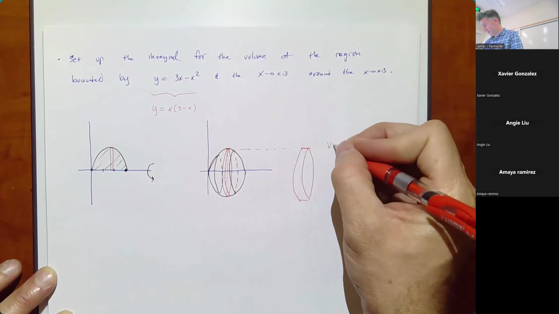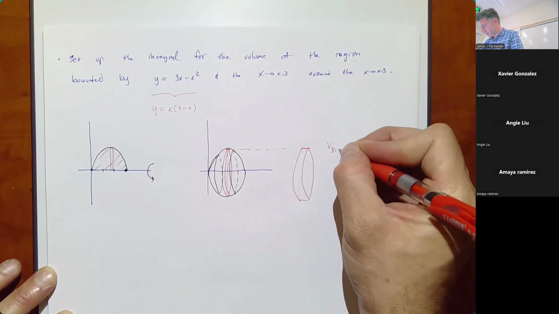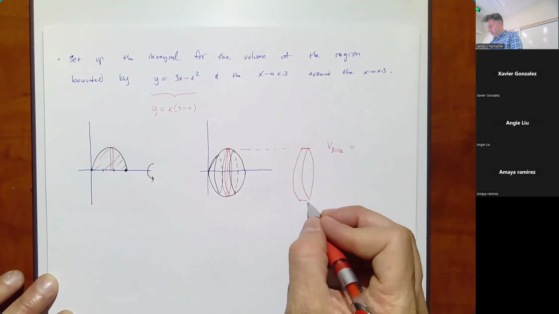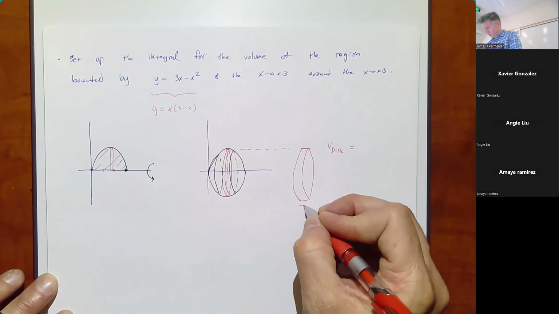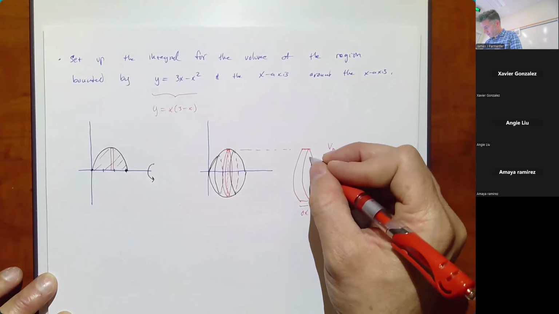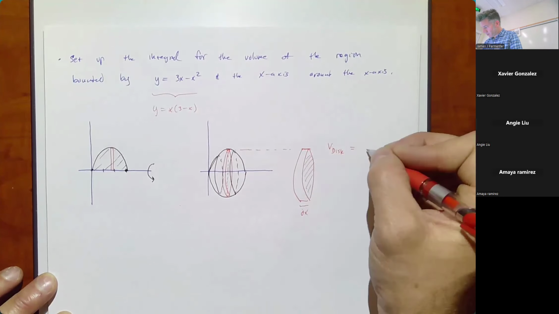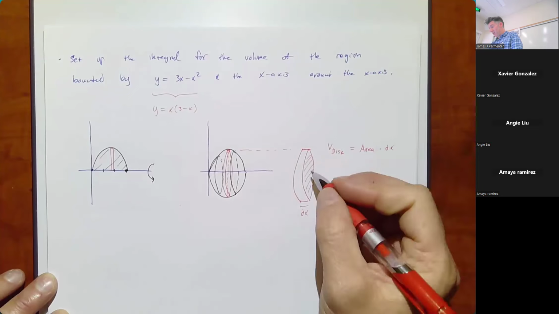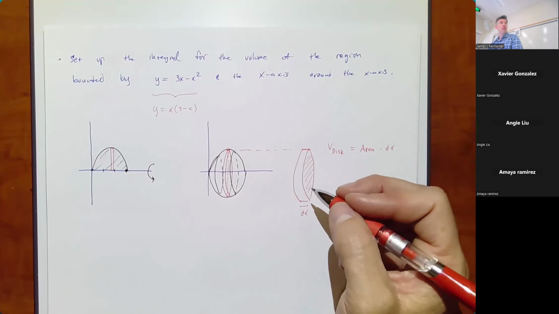I want to find the volume of, I should really say disc because it is a disc. The volume of my disc, well, it's the thickness, small change in x, times the area. It's the area times the thickness. But the area, well, that shape is a circle.